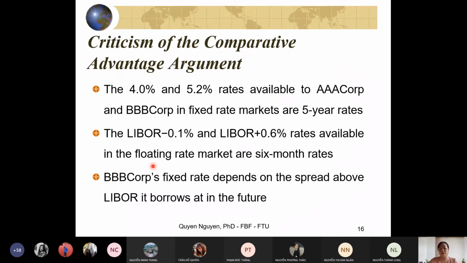And so as you can see, the time difference could be a big gap. BBB corporation fixed rate would be dependent on the spread above LIBOR it borrows at some point of time in the future.